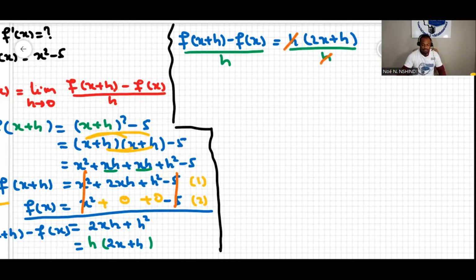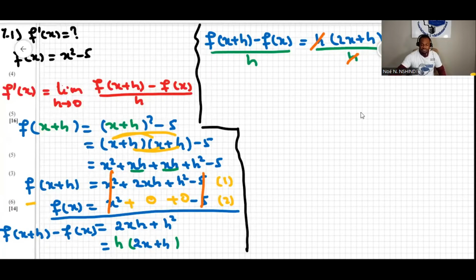Now I'm going to place in the limits of the function here, the limit approaching 0 from both sides.